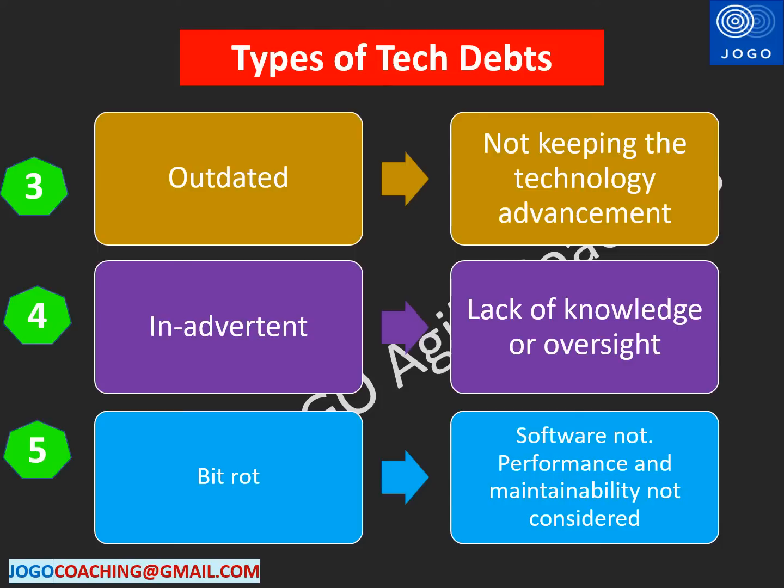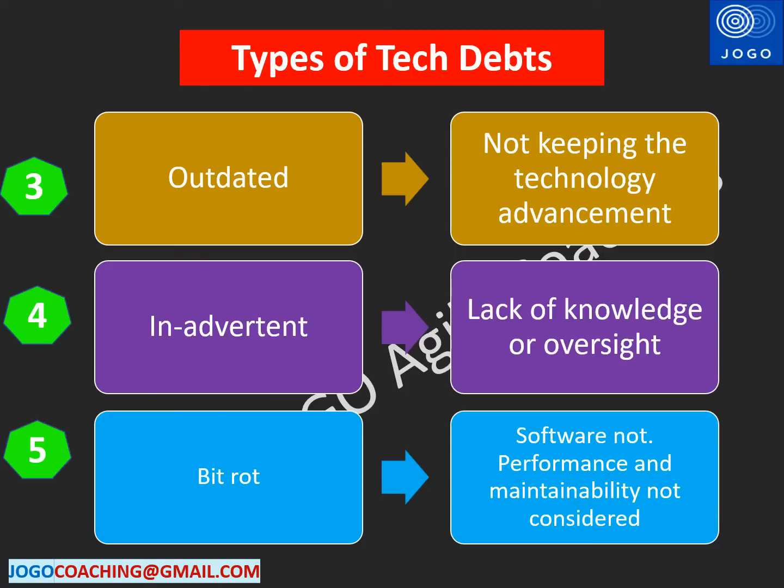For example, over time, as features are added to the system, the architecture becomes increasingly difficult to scale or modify. So if the team is not planning for long-term performance or maintainability during the design or the development, this will lead to bit rot technical debt. So these are all the 5 types of technical debts we need to address.